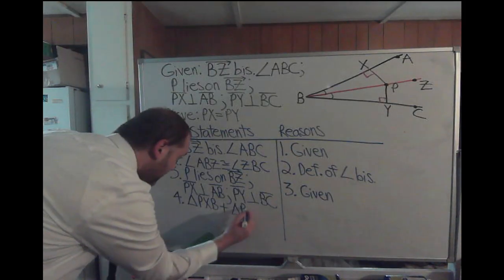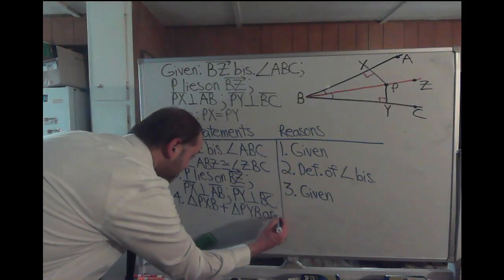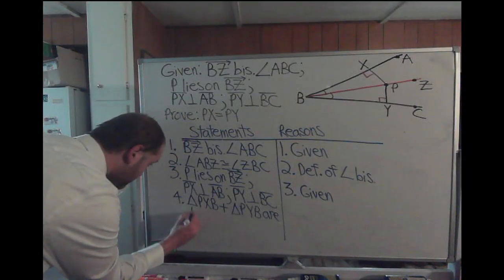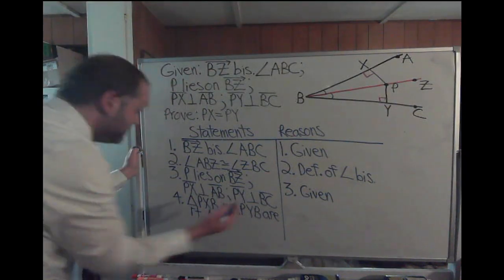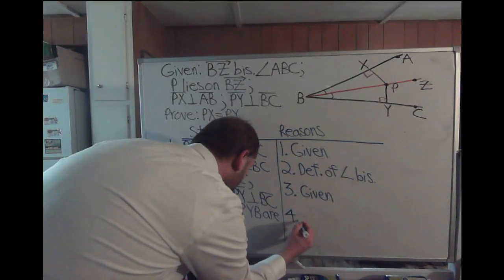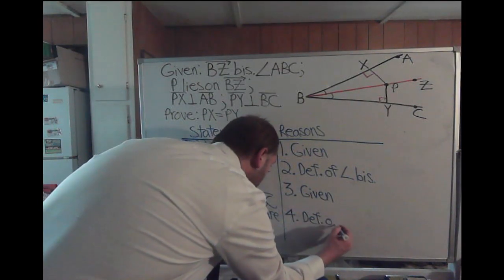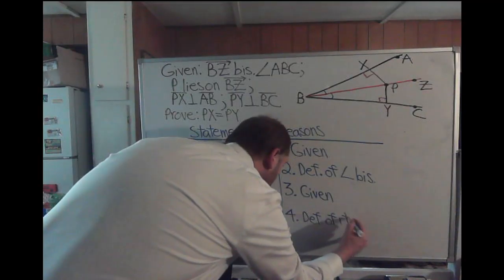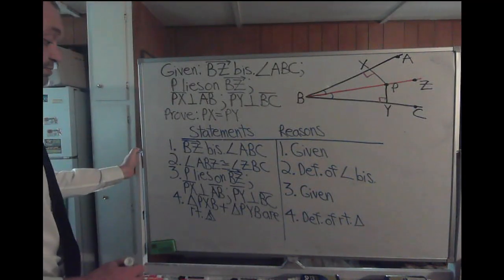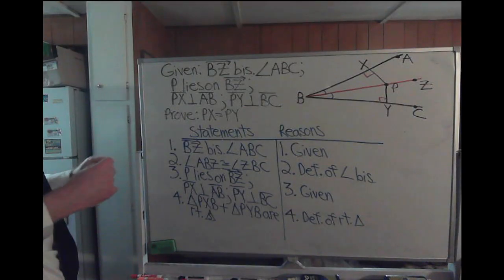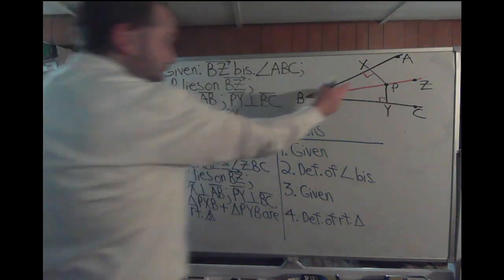Triangles PXB and PYB are right triangles, by the definition of right triangle. Which means next, then, we have here two right triangles.